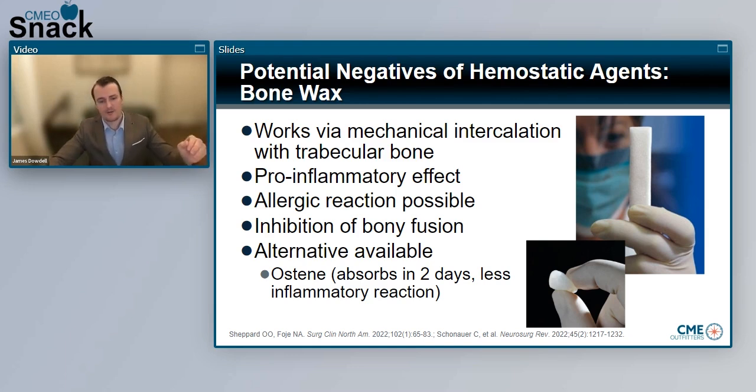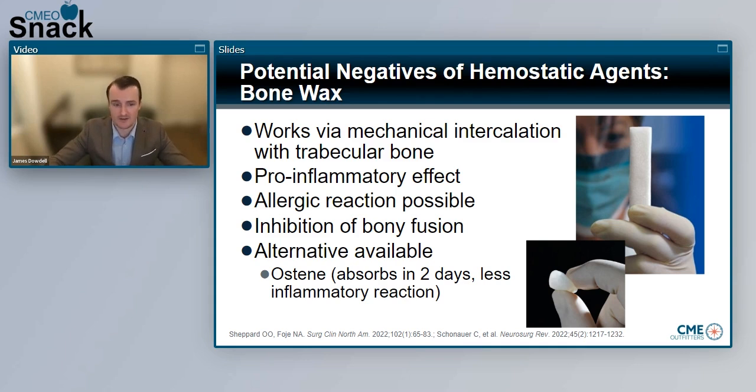Bone wax. So I didn't talk about bone wax before, but it's important because it comes into play for me for cancellous bone bleeding. It's a mechanical, right? We took bone wax, we put it inside the bone, and we actually use a device to place it into the cancellous channels. So we're basically preventing bleeding from coming out of those channels. It can create inflammation. It can also create an allergic reaction.